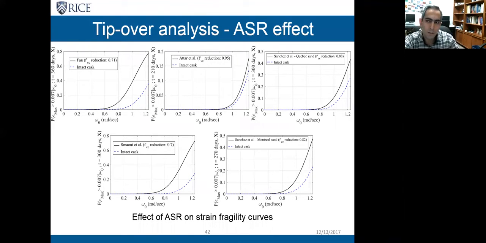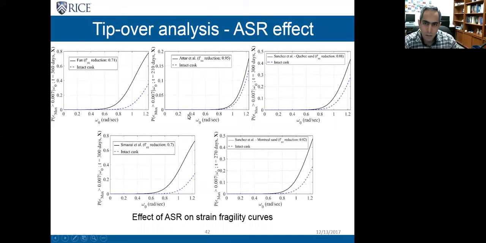ASR is a phenomenon in which usually the mechanical properties of the cask concrete are affected, and usually the compressive strength, tensile strength, and modulus of elasticity reduce. So if we can combine studies on ASR effects on concrete with the metamodel that I just showed, we can update our fragility. And these are the results from 5 different studies on ASR.